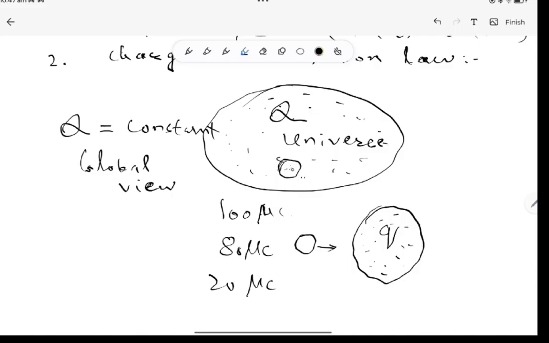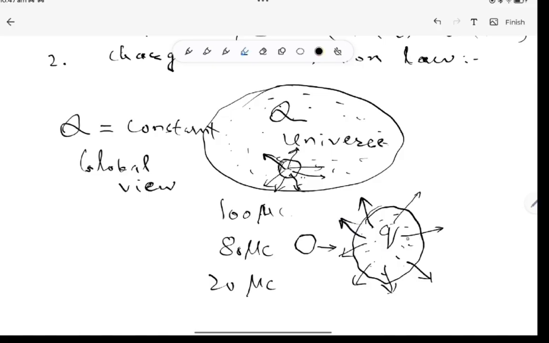Yes, that must have flowed across its surface into the rest of the universe. If it has to decrease, it must have crossed the surface. The surface is an imaginary, hypothetical surface that you can think of around any volume.